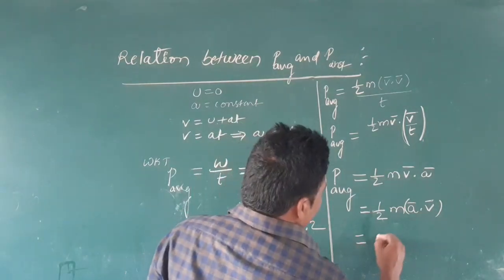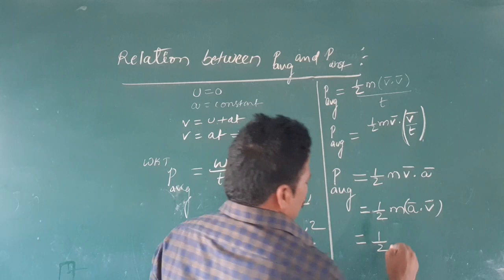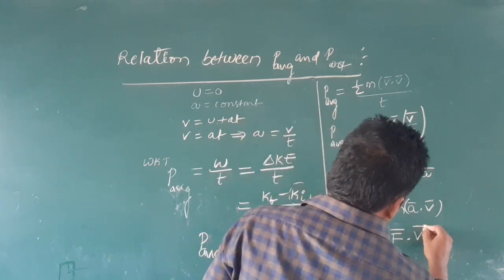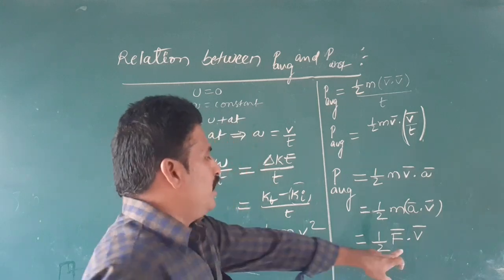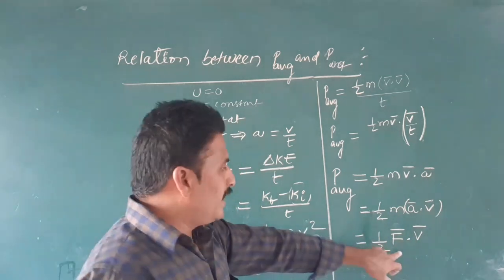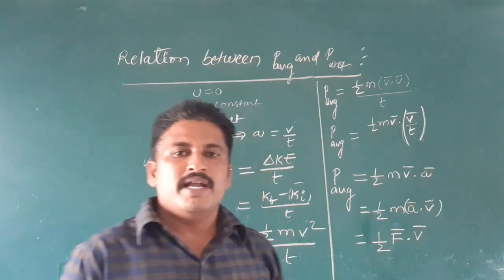From this we can write half into m into a; force, mass into acceleration, can be written as force into velocity. We already know that the dot product of the force and the velocity is equal to the instantaneous power, students.